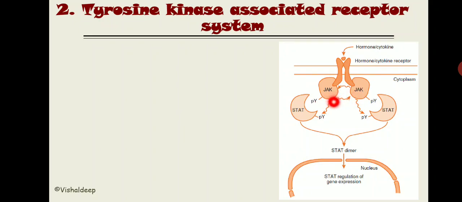Once the Janus kinase is phosphorylated, it combines with STAT, and two STAT molecules make a dimer. They combine with each other, and that STAT dimer will enter inside the nucleus and cause gene expression, increasing the transcription and translation and all the protein synthesis work. So basically, what is JAK?